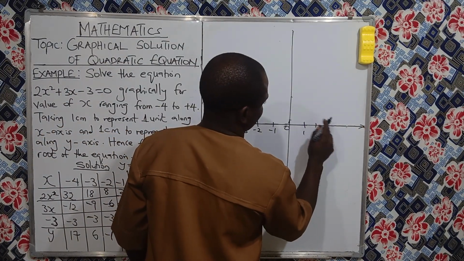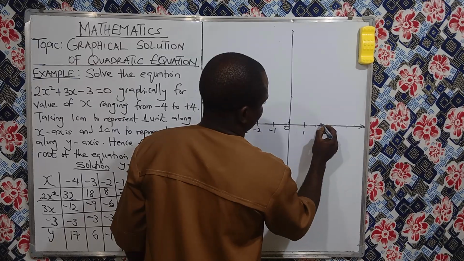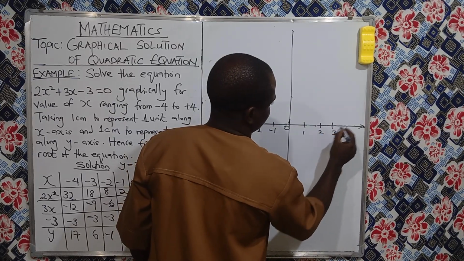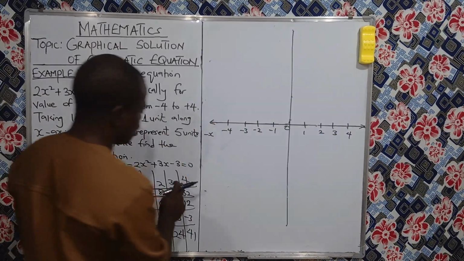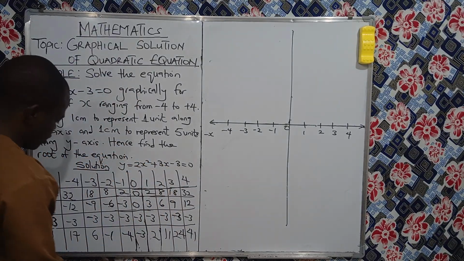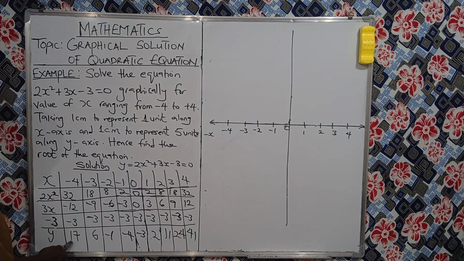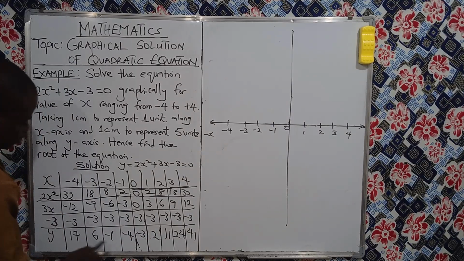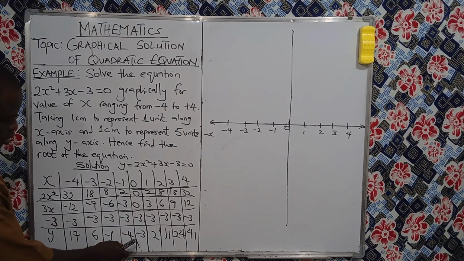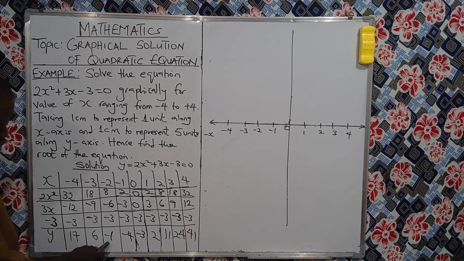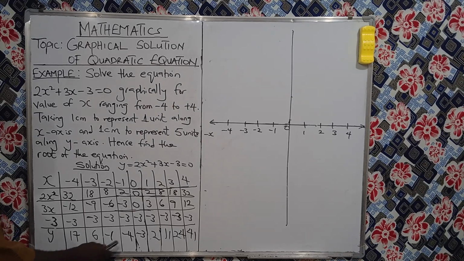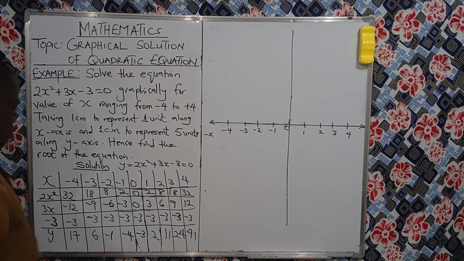1, 2, 3, 4. It ends at 4. For the y axis, you can see the highest is 41. The lowest is minus 4.